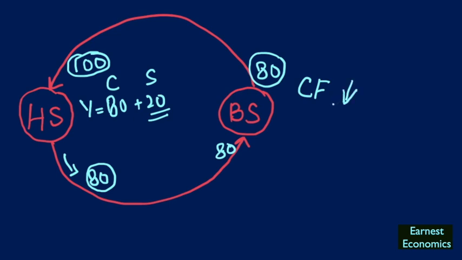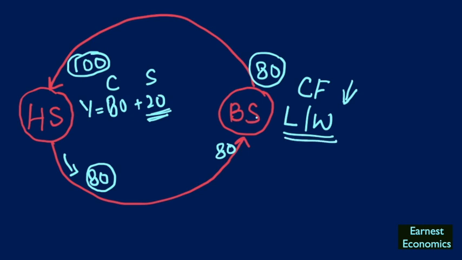So there will be a reduction in circular flow, and these things which we withhold from circular flow are called leakages or withdrawals. So leakages and withdrawals reduce circular flow.